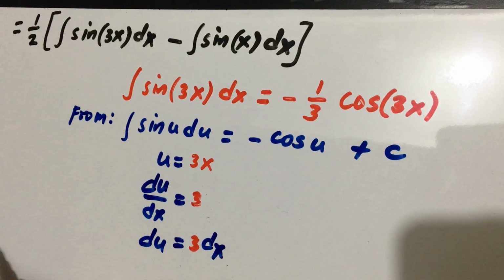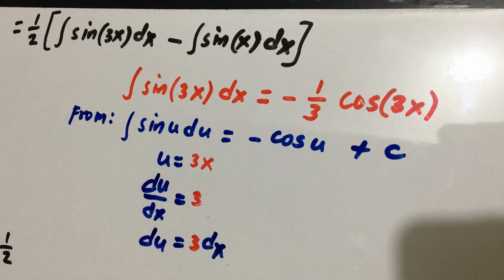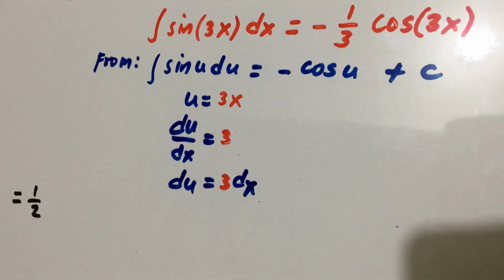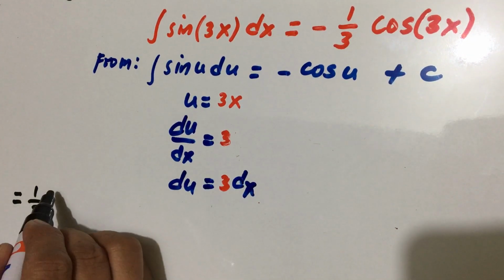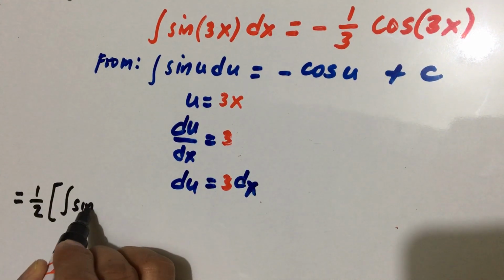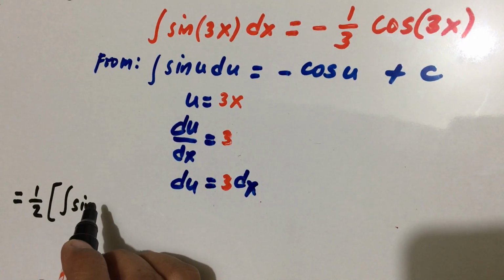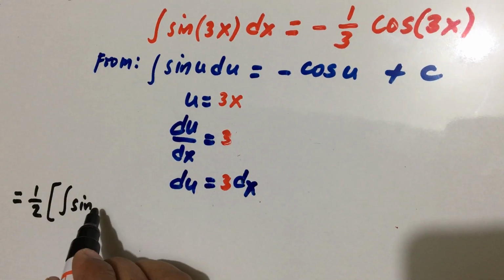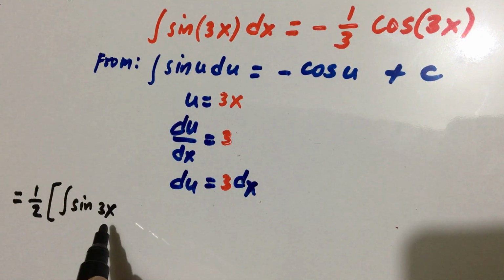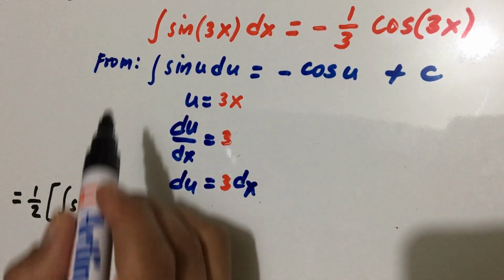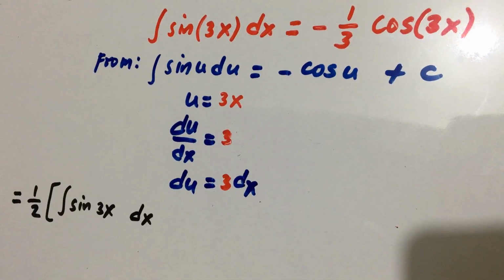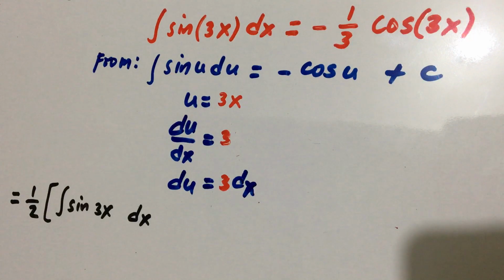Okay, so let's continue. So this is 1/2 times the integral of sine 3x, where our 3x is equal to u. Since our du here is 3 dx, we need 3, right?